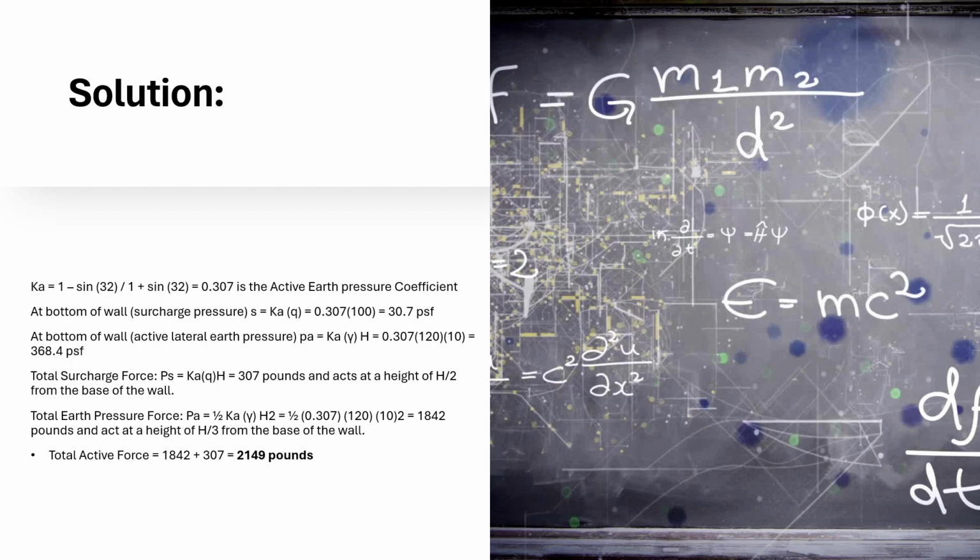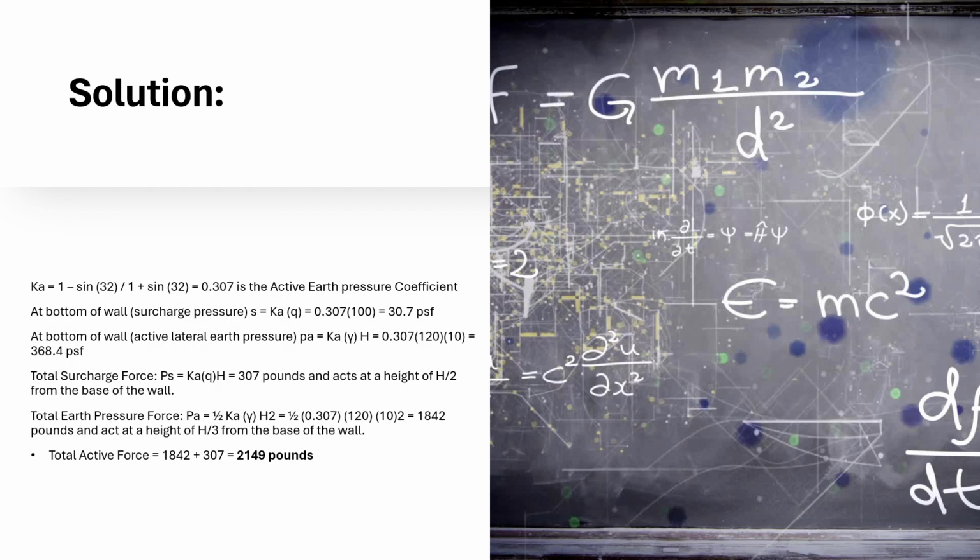So if you replace those values, the answer will be 368.4 psf. And finally, the total surcharge force, if you replace in the formula, will be 307 pounds and act at half of the height from the base of the wall.